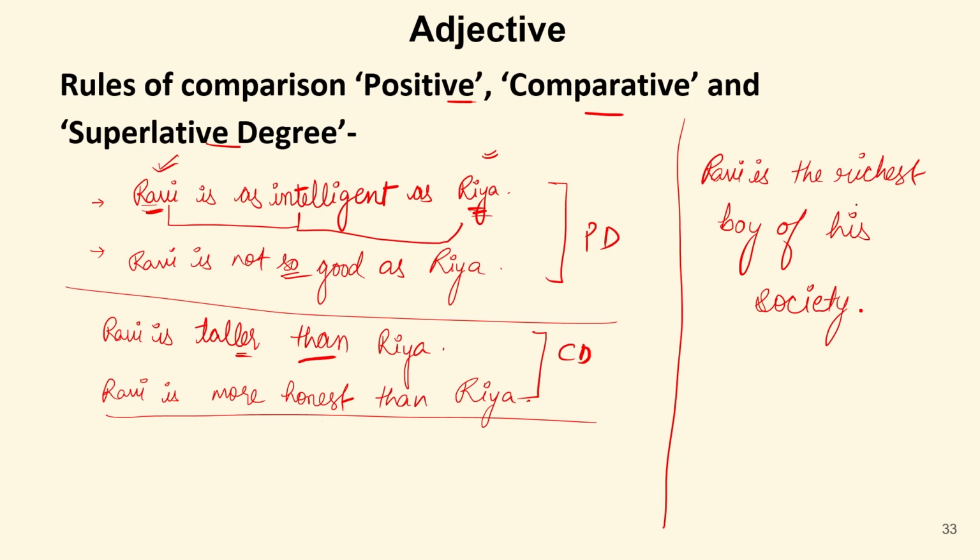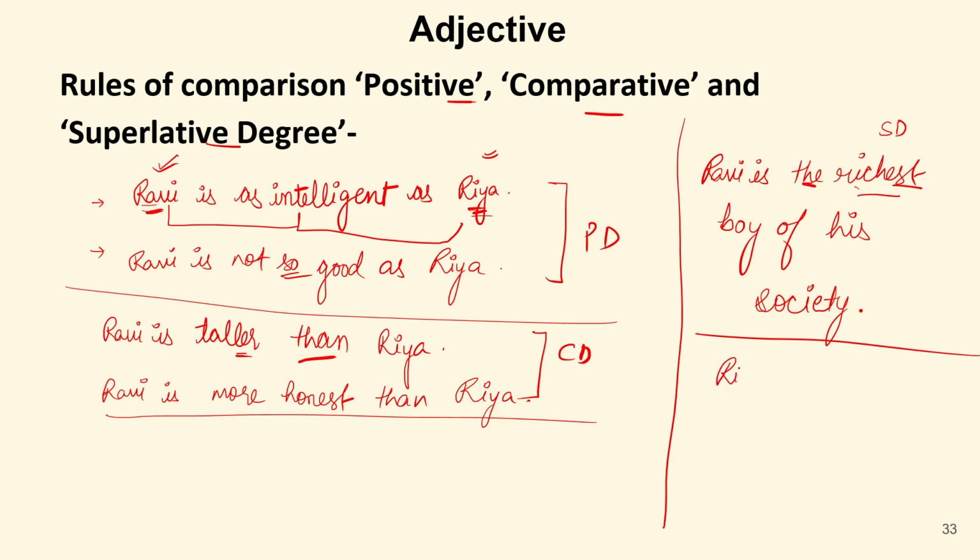It means he is the richest boy. No one is as rich as he. So, richest is a superlative degree of adjective, always preceded by the, and here we are using a suffix est.